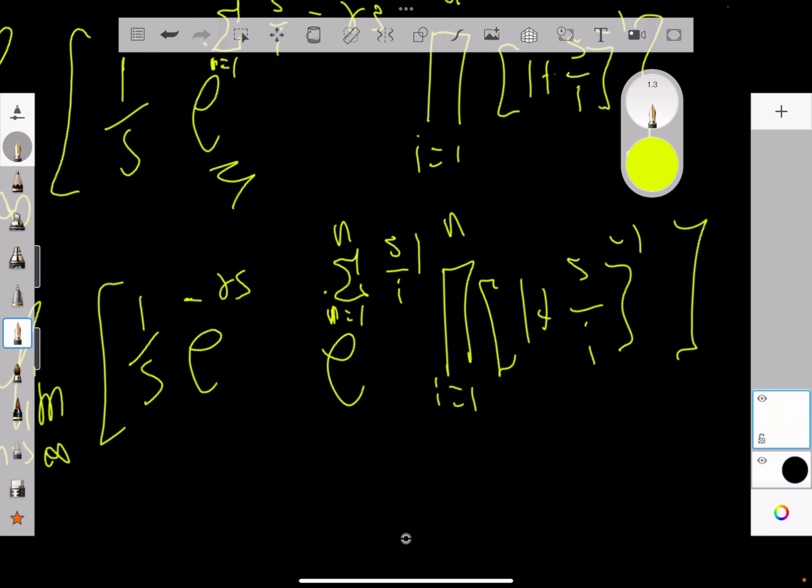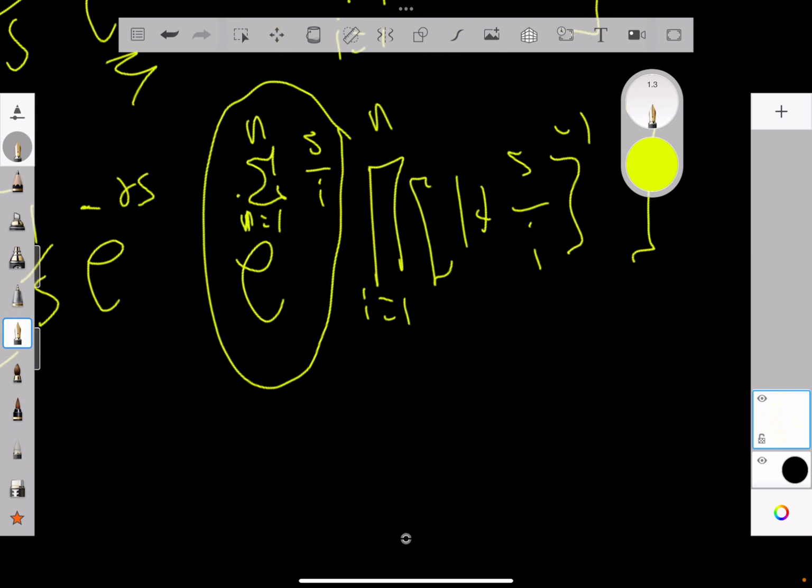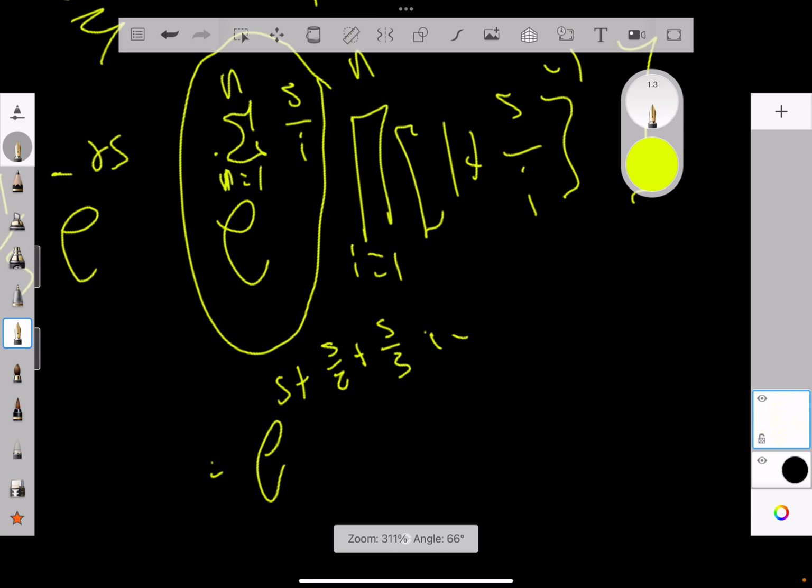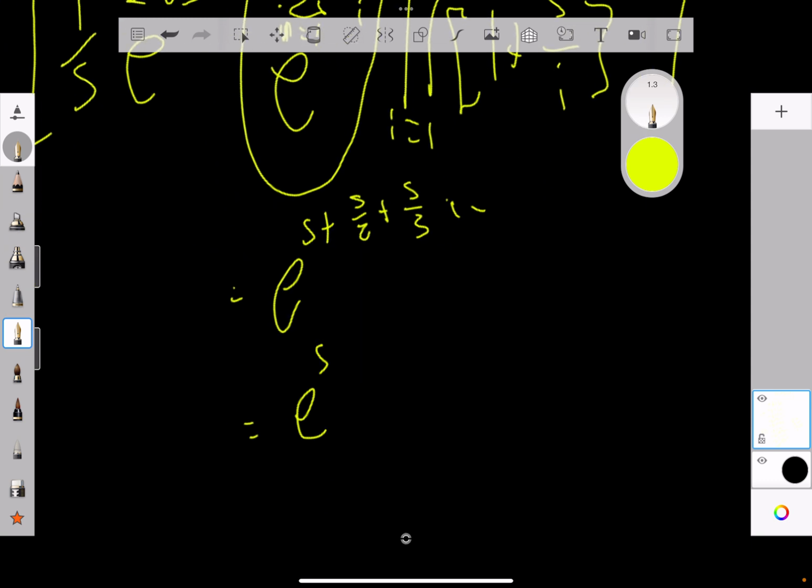Let's see this: e to the sum. The sum is 1 plus 1, and you know that. So this will equal e to the s plus s over 2 plus s over 3, and so on, which is e to the s multiplied by e to the power of s by 2 multiplied by e to the power of s by 3, which is a product.